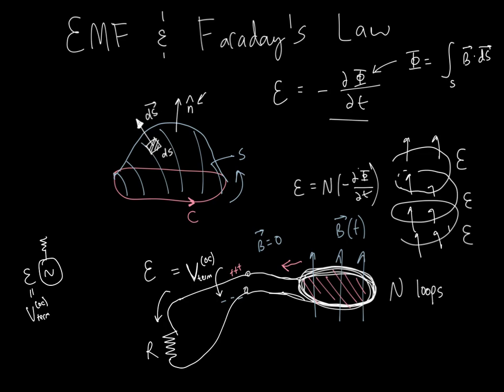Then there's going to be, of course, some internal resistance in these wires, right? These are not in general ideal wires, so they have some resistance, some conductivity to them. And then this thing is connected to your external resistor, R. And then you can calculate the current that's flowing using Ohm's law.